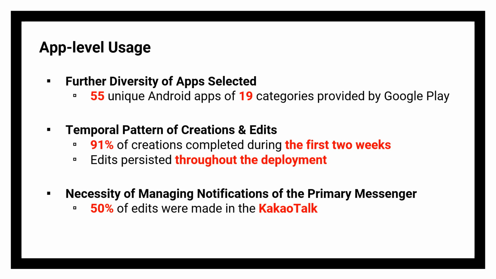During the deployment, we could observe Halo visualizations of more diverse apps. We also found both creation and edits decrease as time goes on, but edits continued throughout the whole period of deployment. A large portion of Halo edits was made for managing their primary messenger, KakaoTalk.